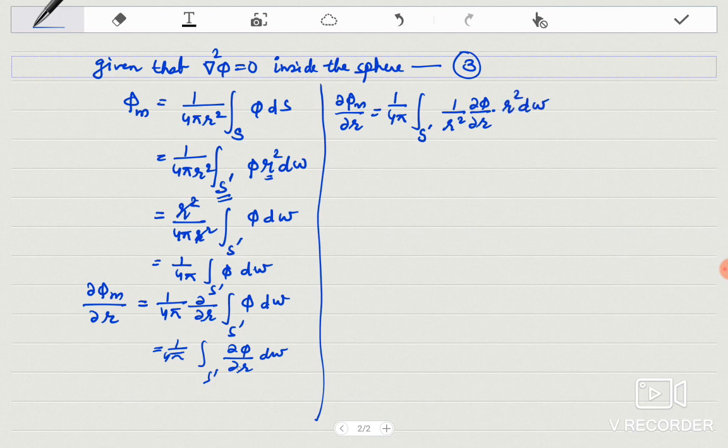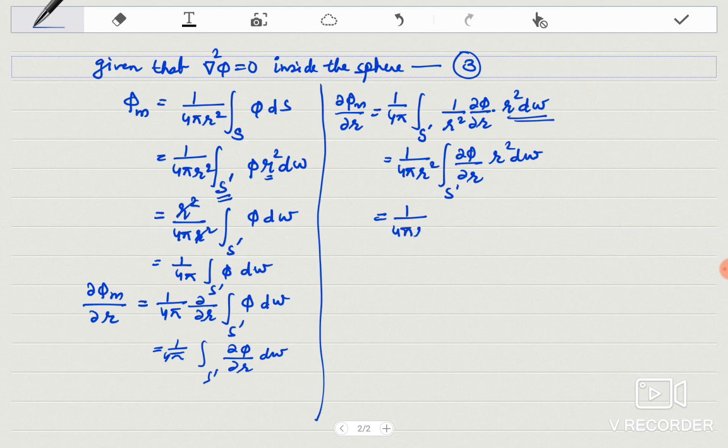I multiplied it and divided by r². And it will be, because S' is free from r, 1/4πr² ∫ ∂φ/∂r r² dω. This can again be replaced by dS, but I will replace it in the next step.